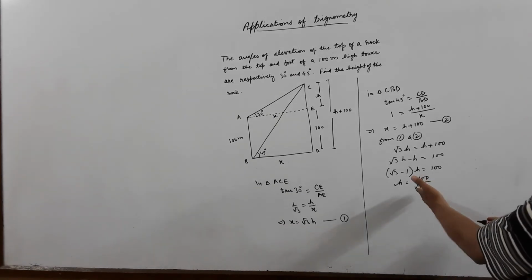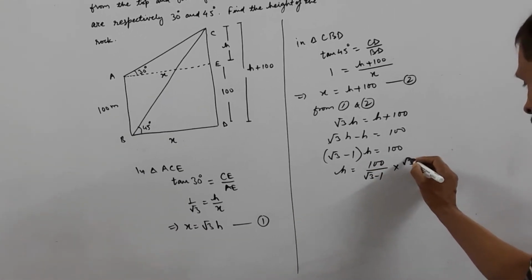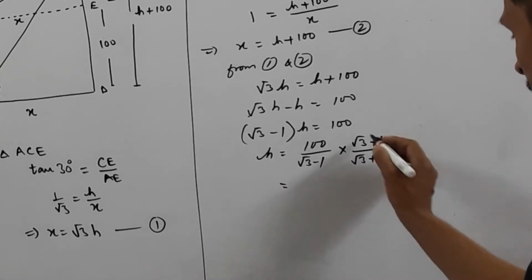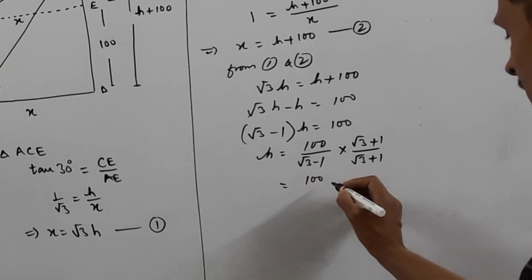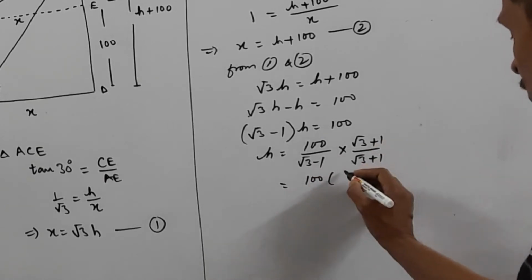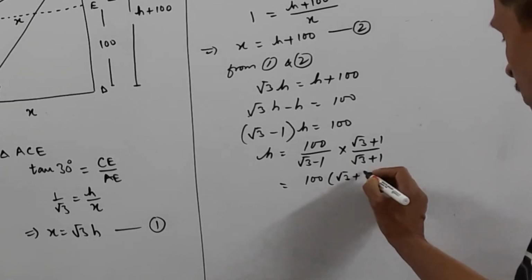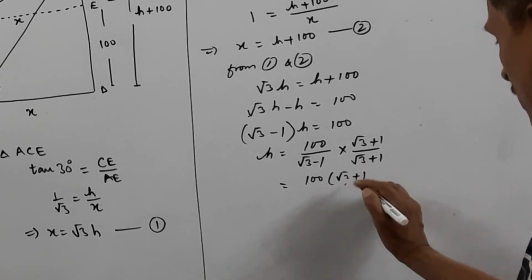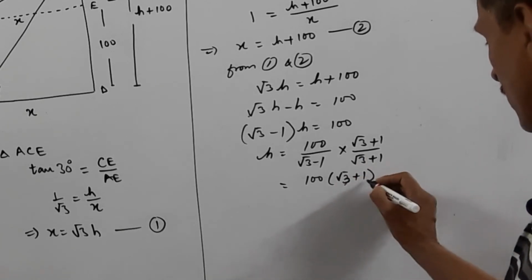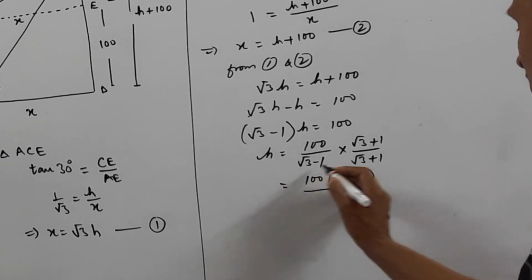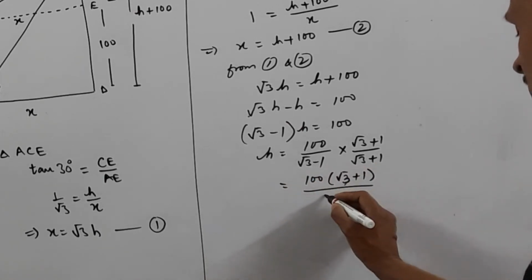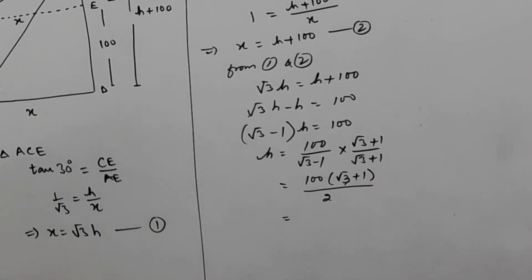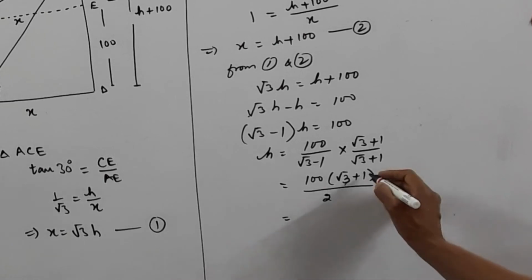Now we rationalize this root 3 minus 1. So this is root 3 plus 1 upon root 3 plus 1. And thus this is 100 into root 3 plus 1 upon a square minus b square, that is 3 minus 1, that is 2. Root 3 is equal to 1.73 plus 1.